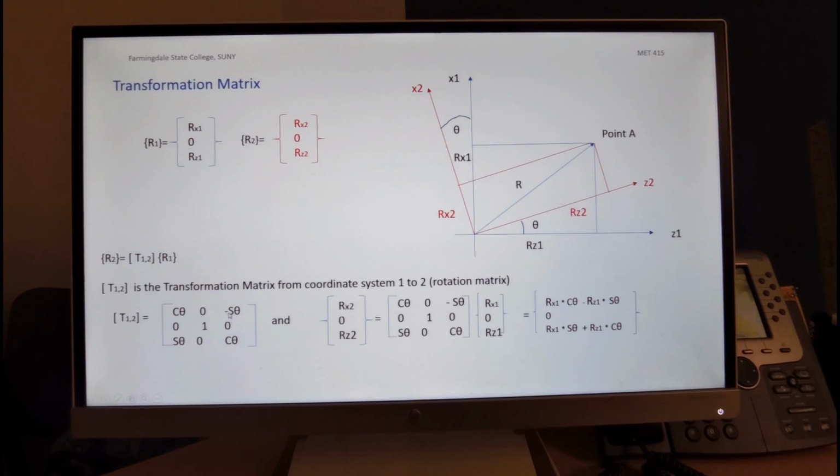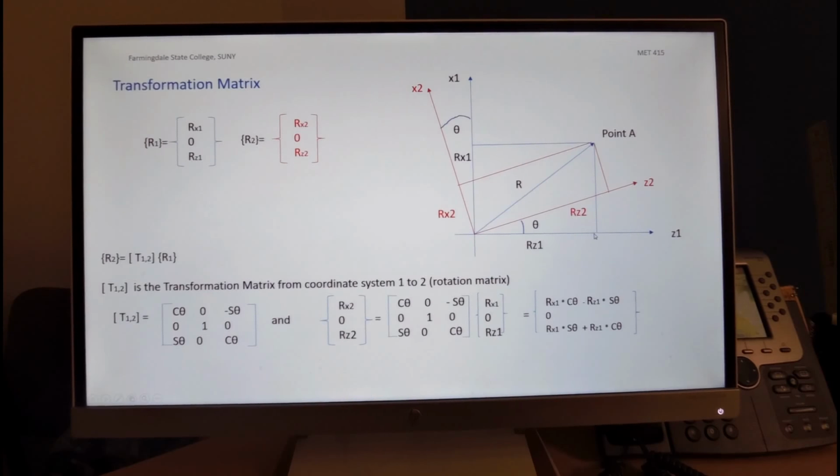One of them takes the minus sign, but if we follow the right-hand rule convention, it will be in the upper right. And we can also check it, because Rx2, the component that we're looking for, is equal to the value of Rx1 times cosine of theta, as we see here, and we have to subtract from it this much in order to get this value.